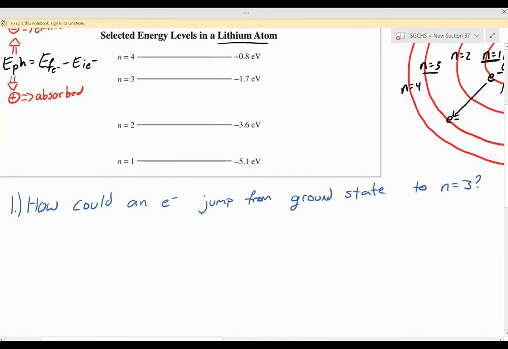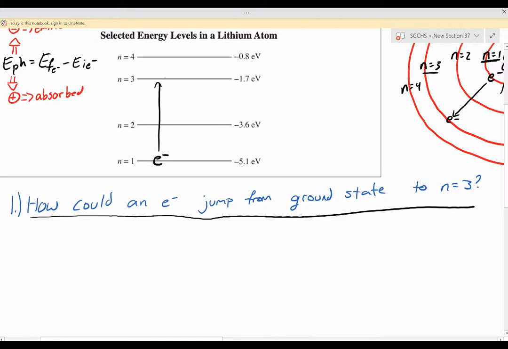So let's do a few examples here. How could an electron jump from ground state to the third energy level? So our ground state is n equaling 1. So we start here and we jump up to our energy state of 3.